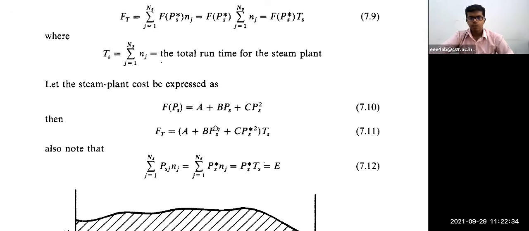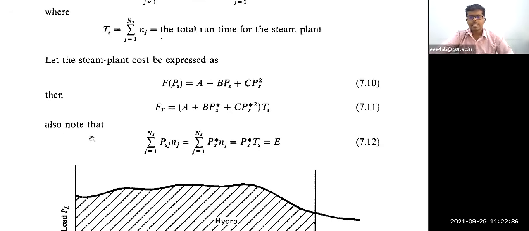This PS star you already know. Here you have to note that the summation J equal to 1 to NS of PSJ into NJ is nothing but the summation J equal to 1 to NS of PS star into NJ, where PS star is the optimum power generated. The summation of NJ is nothing but TS, so instead of this term we can take TS.